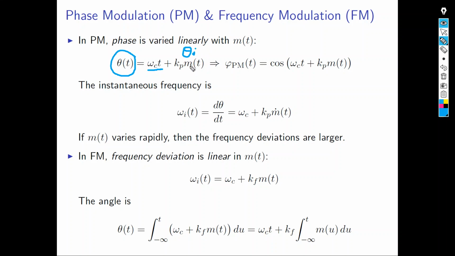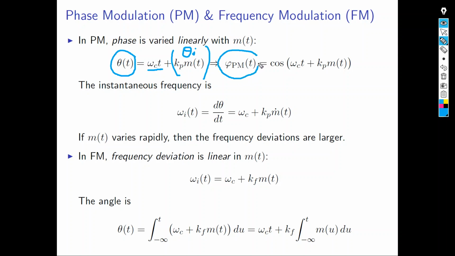Because you need to change the phase based on the message. So as the message changes, this value changes, as if it is embedding the information of the message in the changes of the phase. So now this is theta of t, the angle.